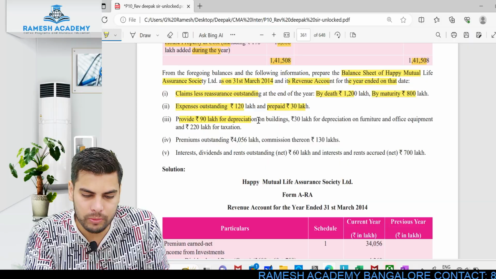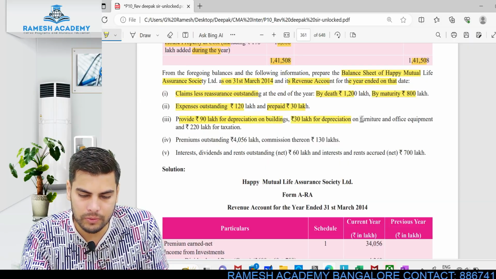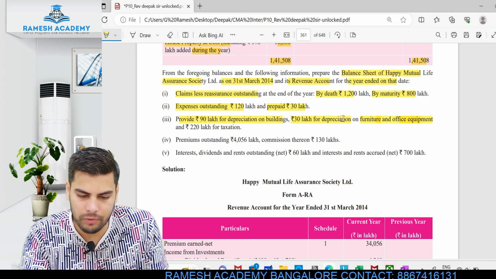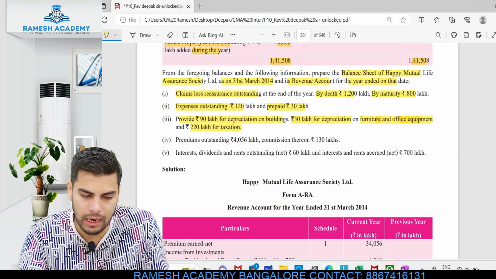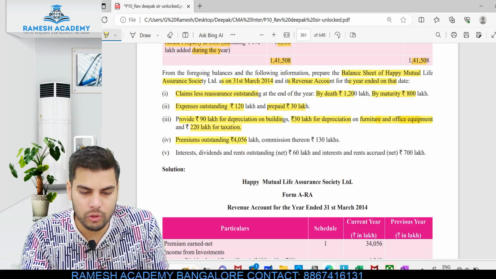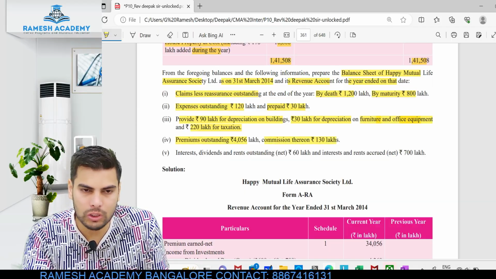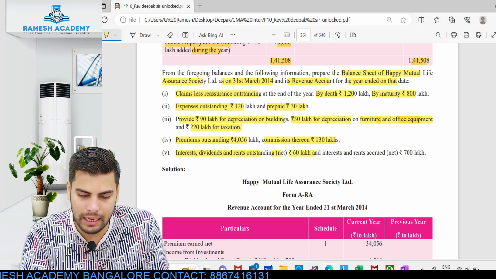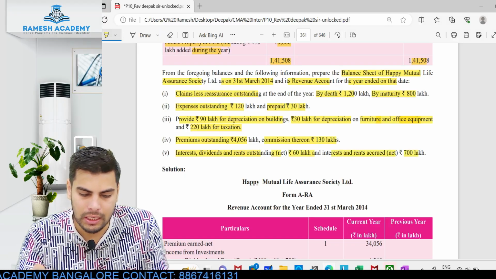Provide 90 lakh rupees for depreciation on building, 30 lakh rupees for depreciation on furniture and office equipment, and 220 lakh for taxation. Premiums outstanding was 4056 lakh, commission thereon was 130 lakh. Interest, dividend, rent outstanding net amount is 60 lakh and interest and rent accrued is 700 lakh.